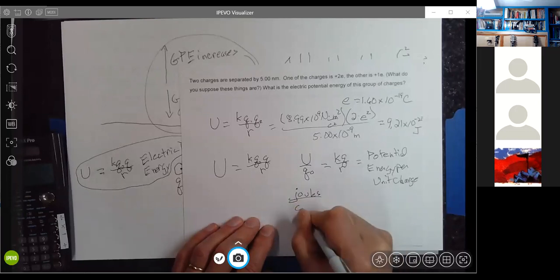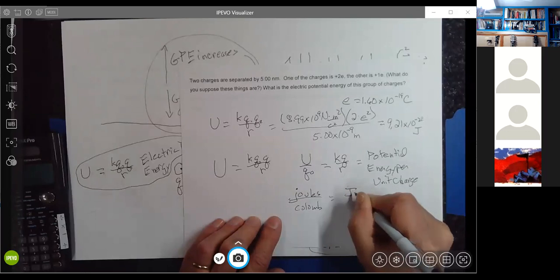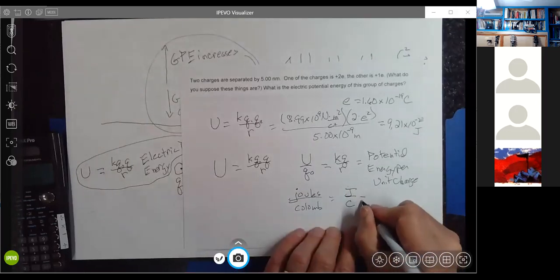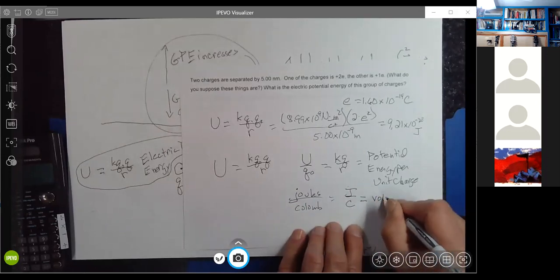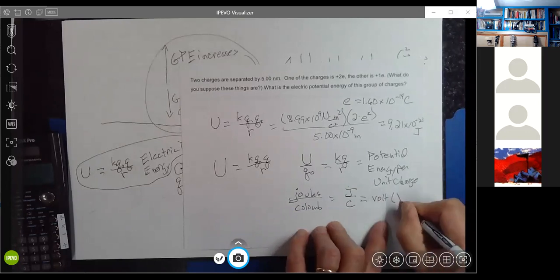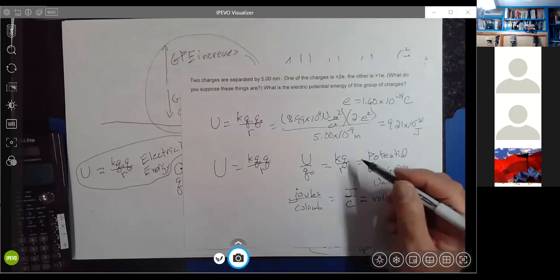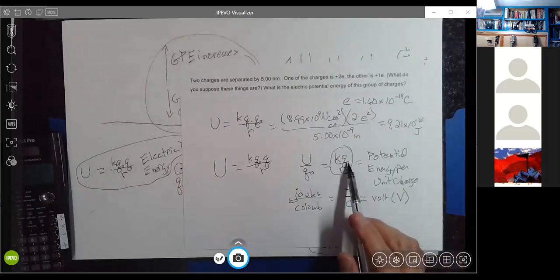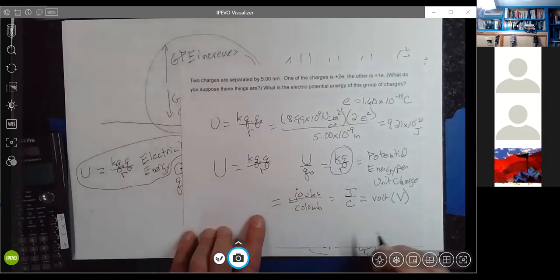Joules per coulomb, or J over C. And that particular combination of units we call a volt, with an uppercase V. And so, well, that's kind of a different thing, but this would be the electric potential of a charge Q at a distance R. Oh, I didn't tell you that term yet.